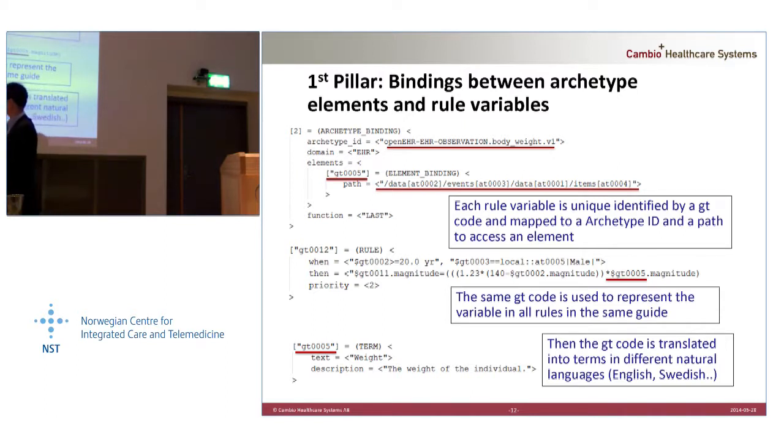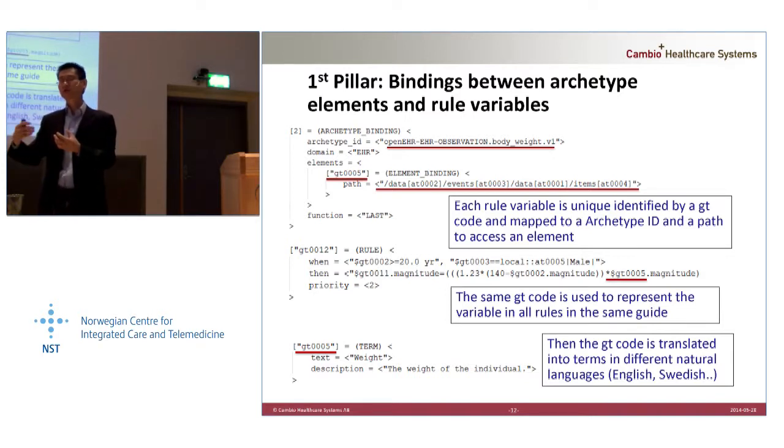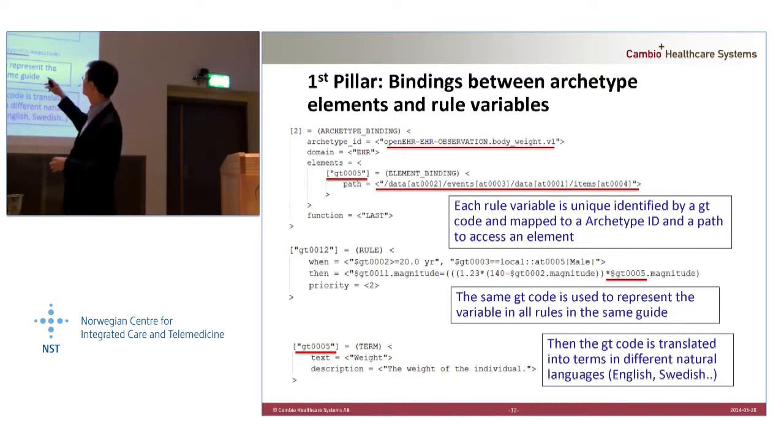And the idea that we don't want to use the expression from the archetype as is, is that we want to introduce flexibility for the user to override a label coming from the archetype. But in the editing, you can take the label from the archetype for this element as default. But you can override that as well. So this single design choice fulfilled two core requirements: independence towards the EHR model in open archetype format, and independence towards natural language. That gives a point to bind natural language labels.